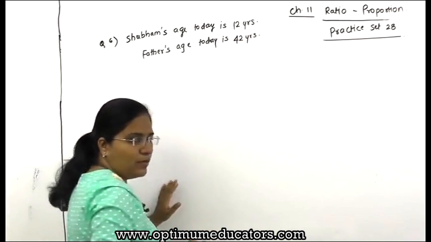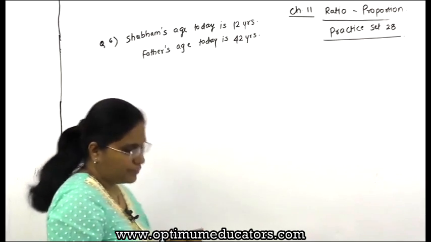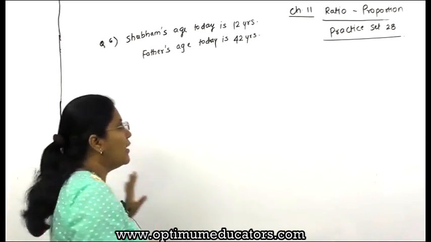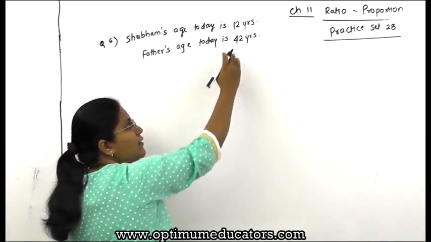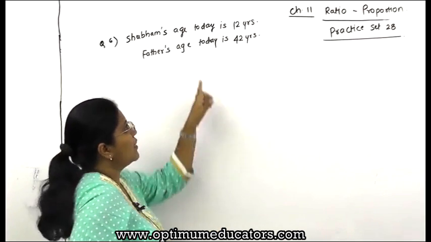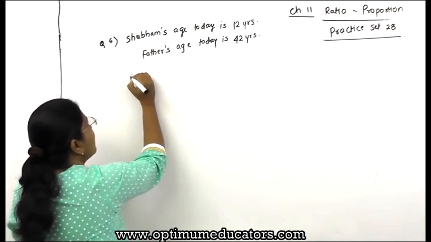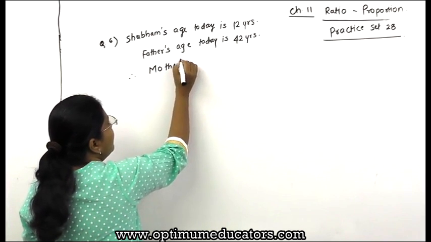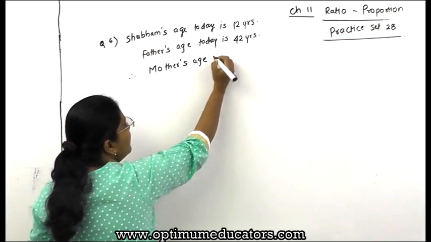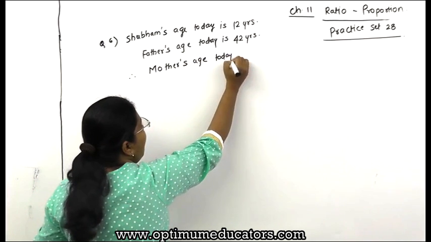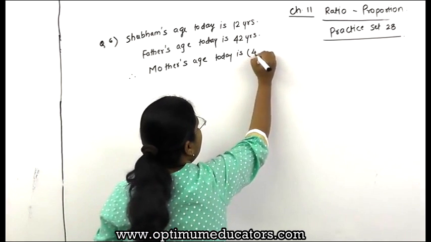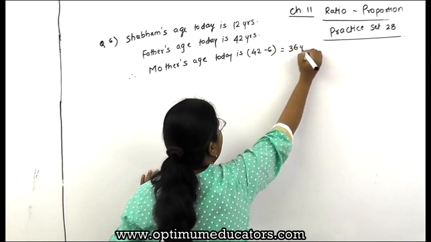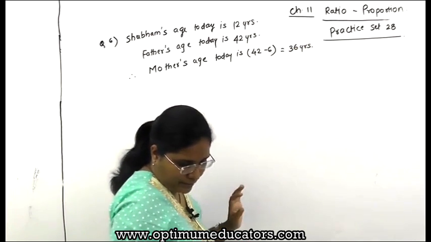Right? Now it is said that his mother is 6 years younger to his father. Okay? मतलब 6 साल छोटी है उसकी मम्मी उसके फादर से. Okay, so his mother's age today is 42 minus 6, okay, which comes out to be 36 years, right?